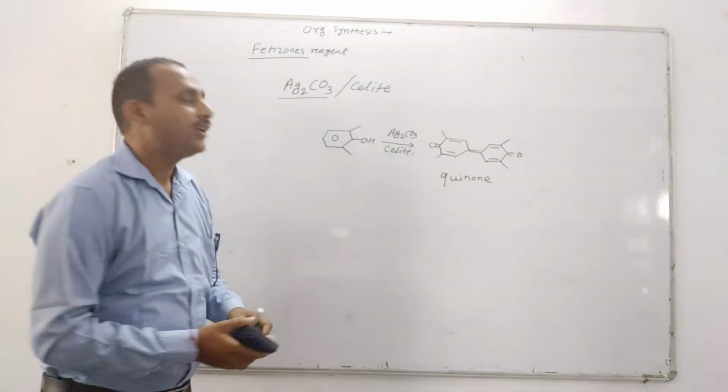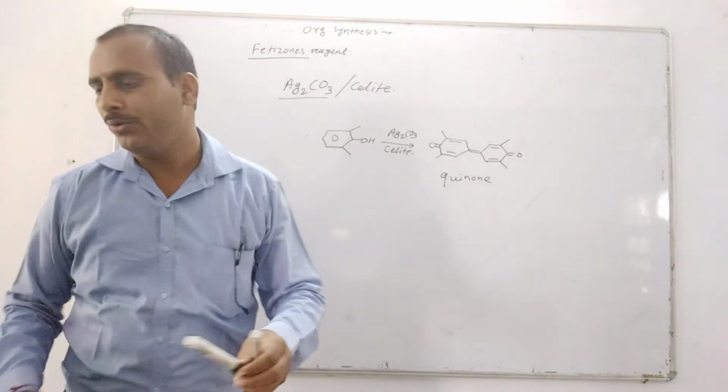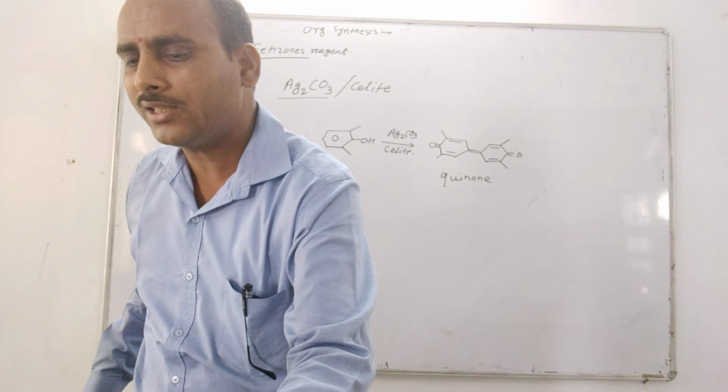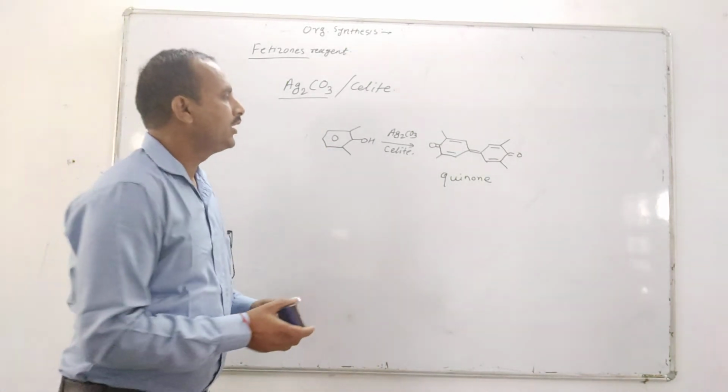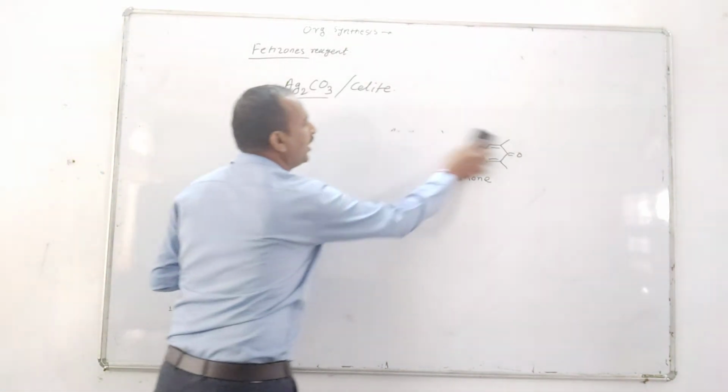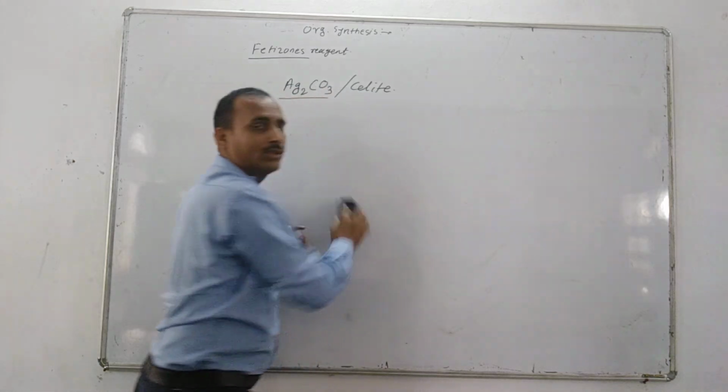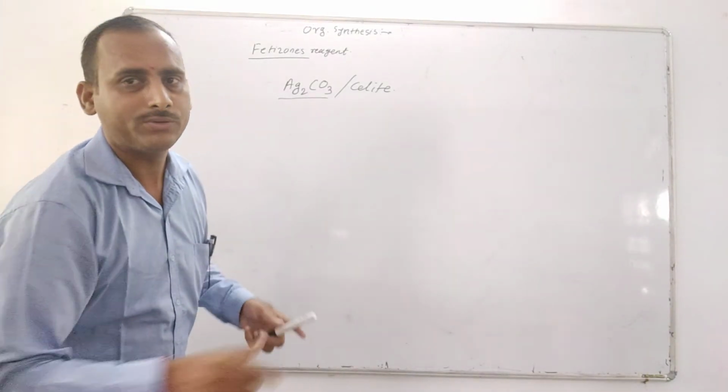Then again, tertiary propargyl alcohol is also oxidized to ketone.